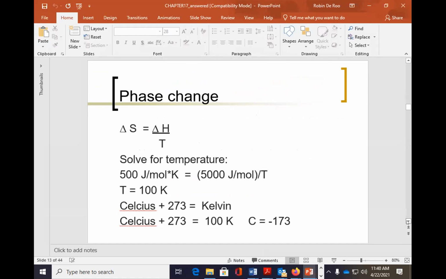You could have used the units too. I just rearranged the equation.